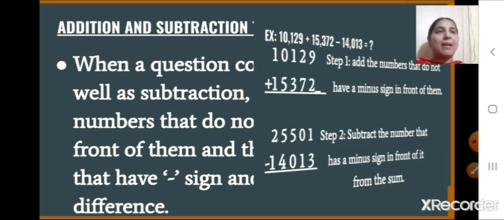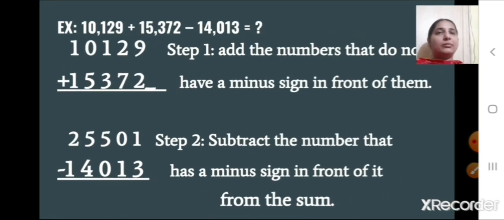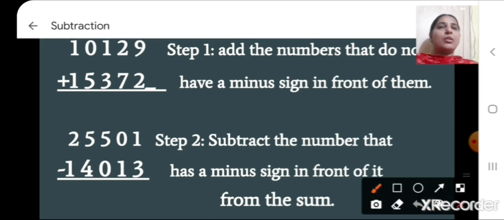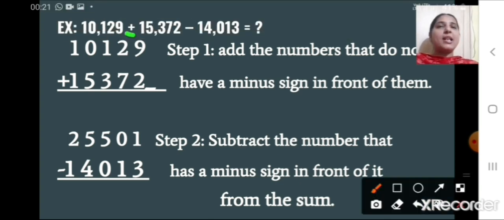Let's see one example. Like 10,129 plus 15,372 minus 14,030. So there you can see both the signs are there.